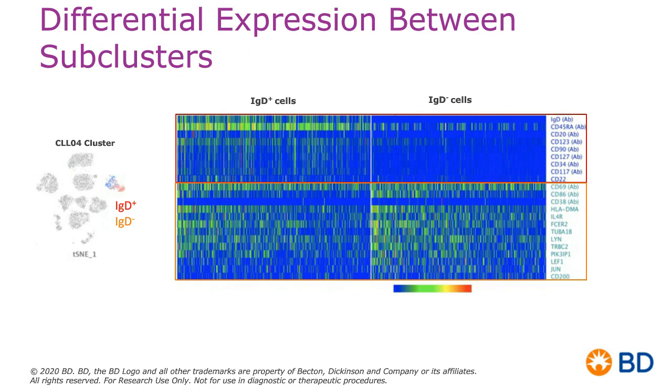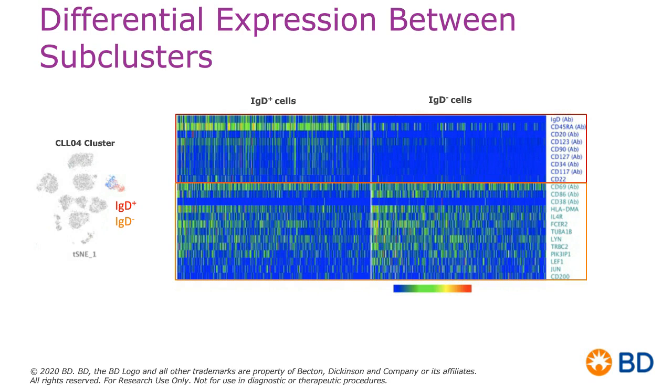And not surprisingly, when we identify those cells that are IgD positive and look at differential gene and protein expression between IgD positive and negative cells, again, we can identify a number of both proteins as well as genes that uniquely define these 2 different populations within the CLL4 sample.